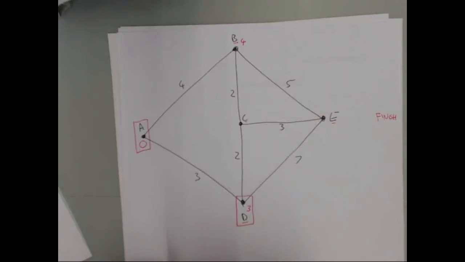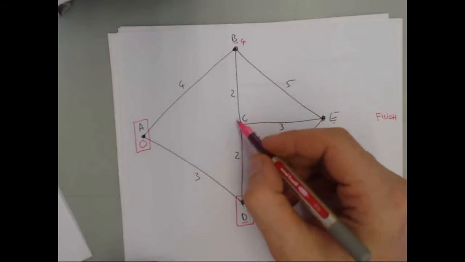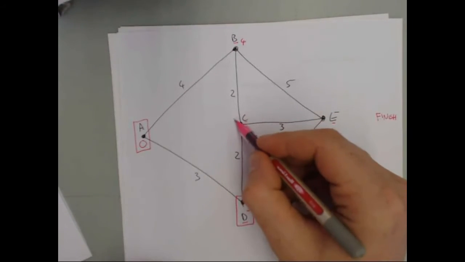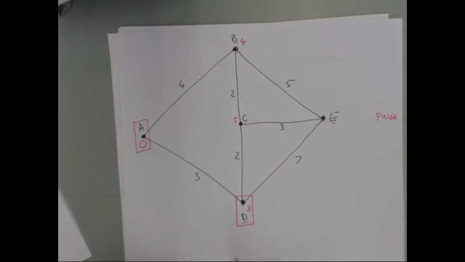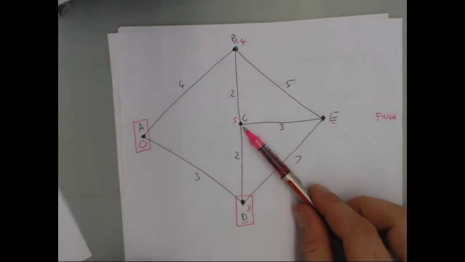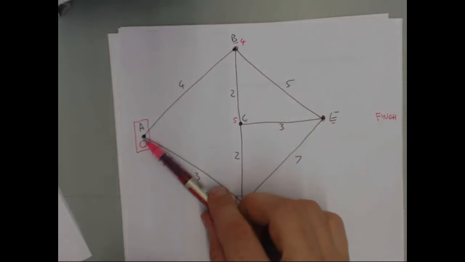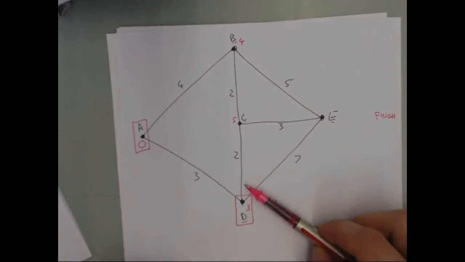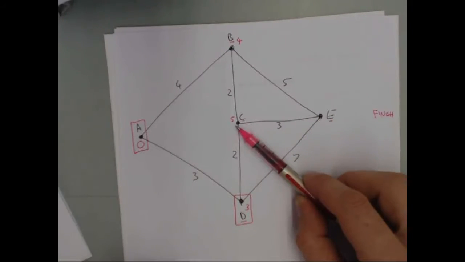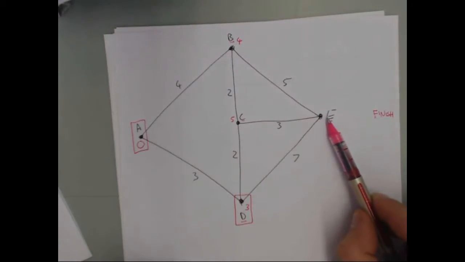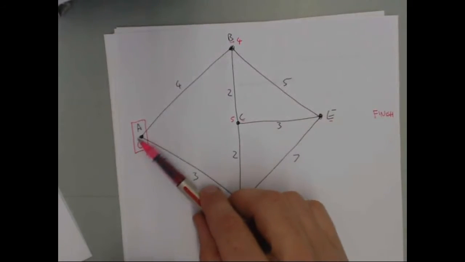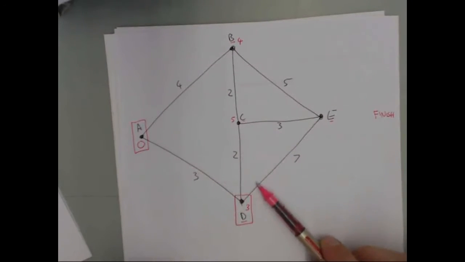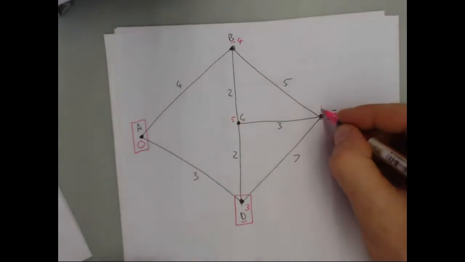That's C and E. I'm going to label C with a 5 because the shortest way to get to C via boxed nodes, it's the only way, is 3 and 2 for a total of 5. And the only way to get to E from the boxed nodes is A, D, E, which is 3 plus 7 for a total of 10.